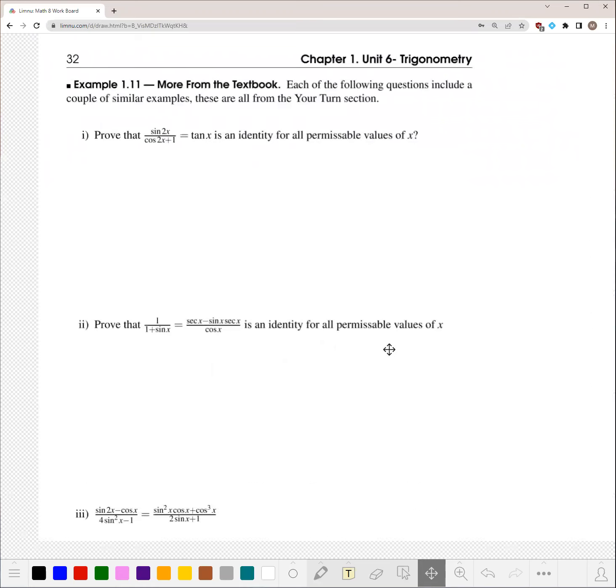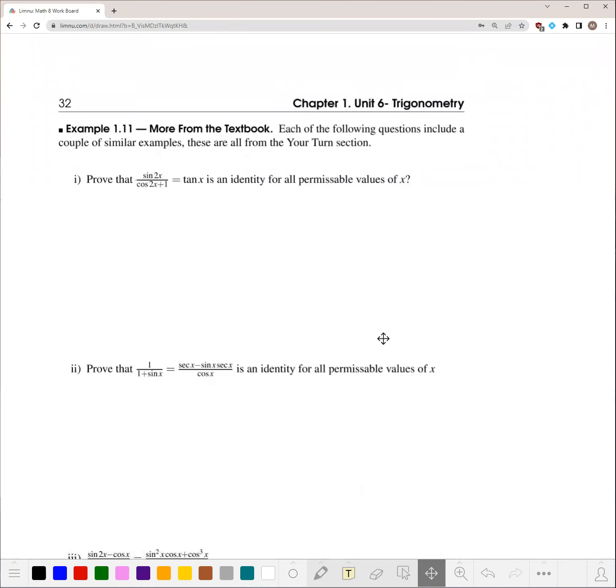Now, trigonometric identities are extremely difficult for me to just snap my fingers and create. So I took all these from the textbook. These all have matching examples with them, and they're around this page 313. So you can find these examples again if you want.